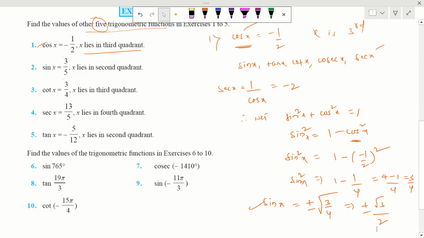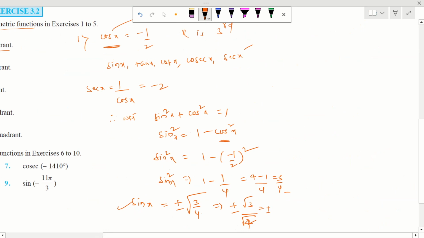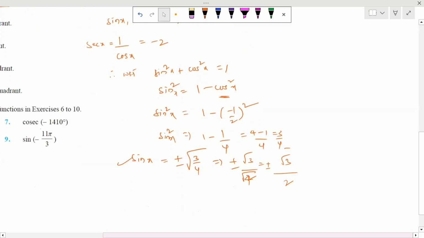The square root can be applied separately, to 3 and to 4. So it is plus or minus square root of 3 by 2.